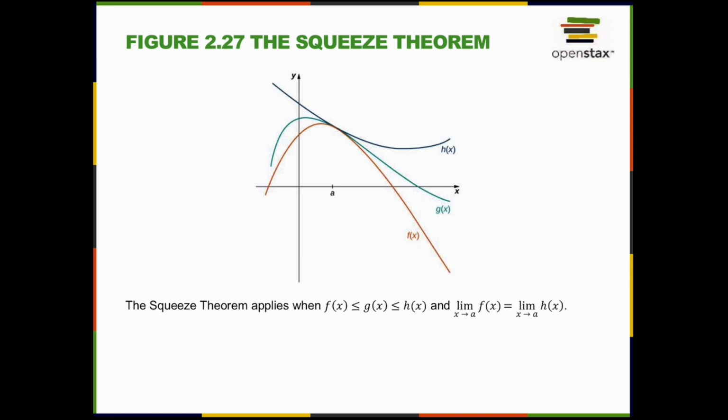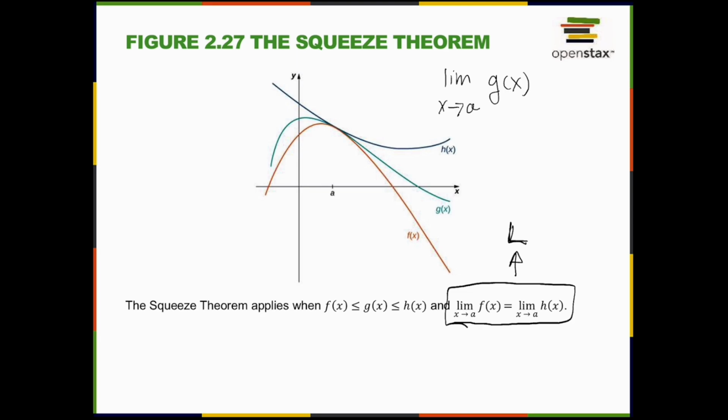Now, this is what we're trying to do: we're trying to find the limit as x approaches a of this function g of x. We know what the limit is for f of x and h of x as x approaches a. They're both the same thing. So since they're the same, let's call both of those limits L. It's just some number.